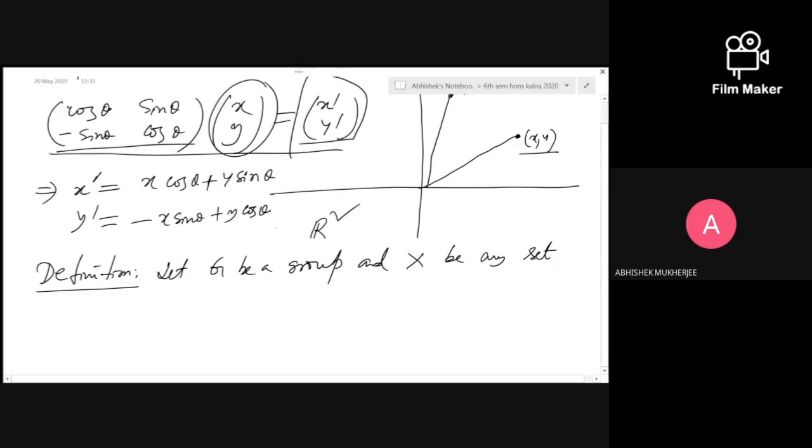So in that example X is R2 and the group is O2R, that is the set of all those orthogonal matrices over the field of reals. So let G be a group, X be any set, then what is the meaning of action of the group on the set X?